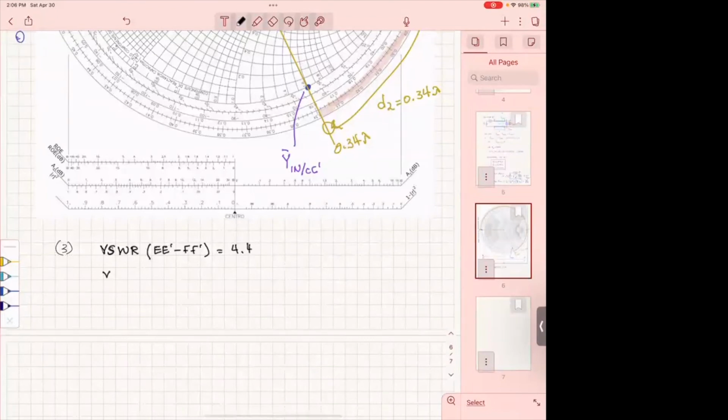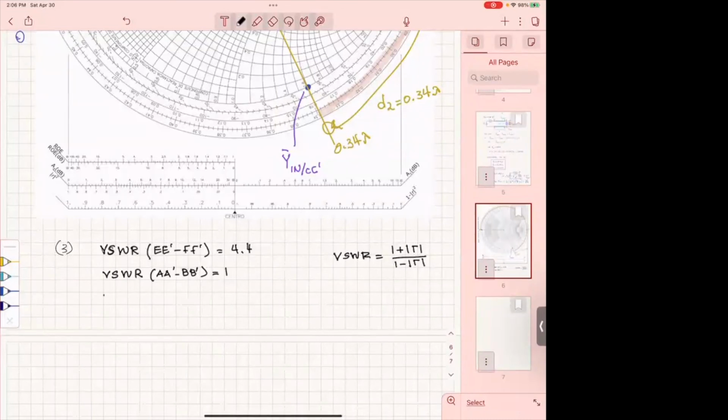Then for the front line, since the reflection coefficient is 0, the VSWR is 1. Always remember that, because the VSWR is 1 plus the magnitude of gamma over 1 minus the magnitude of gamma. If the reflection coefficient is 0, the VSWR is 1. Therefore, from AA prime to BB prime it is 1.